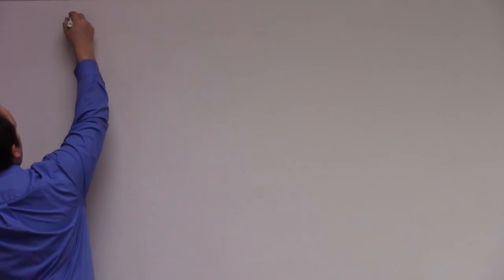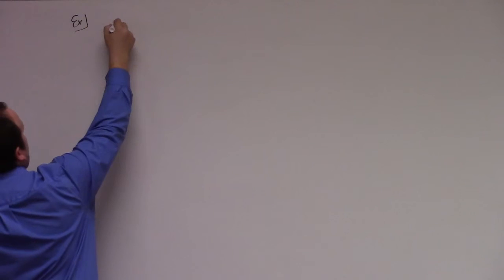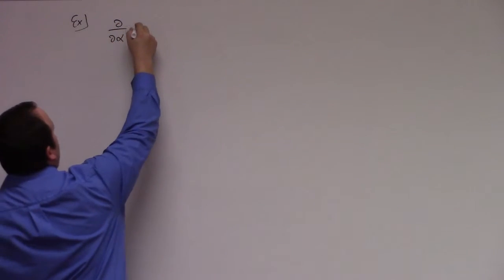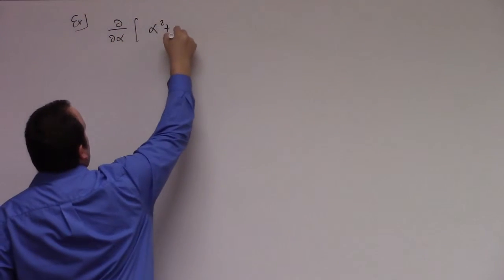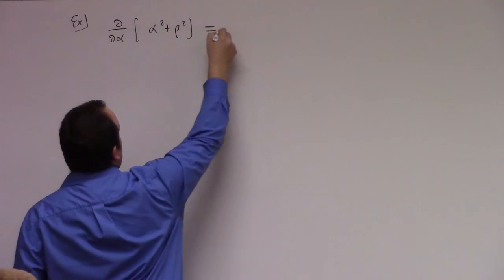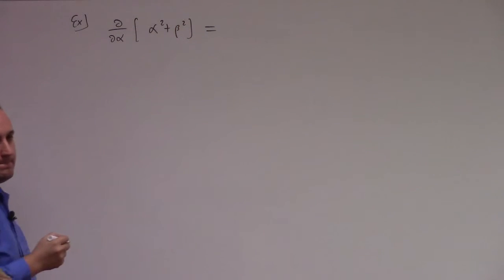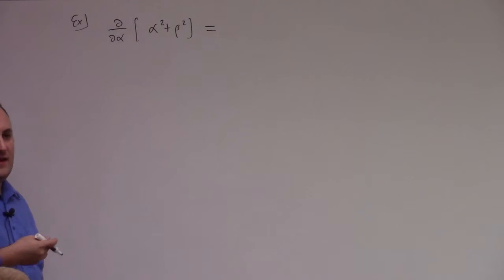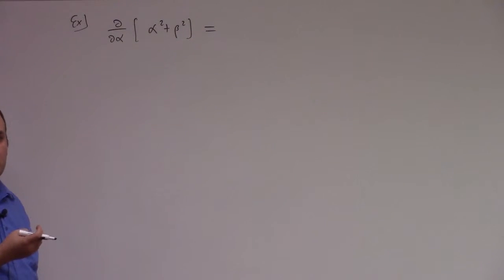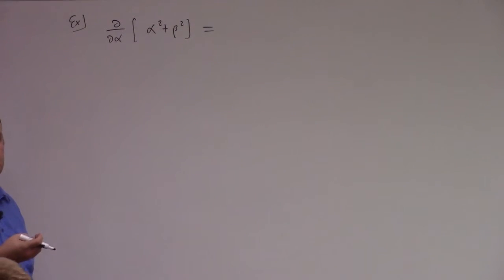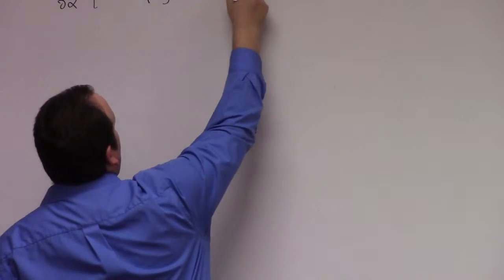Okay, I owe you an example that's not using x and y. The notion of partial differentiation is not just stuck with letters like x and y. You can do other examples. For example, what if I have partial alpha of alpha squared plus beta squared? The understanding here is that alpha and beta are independent variables. 2 alpha, very good.